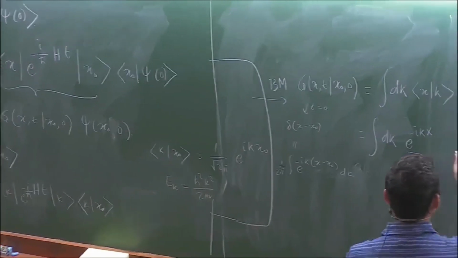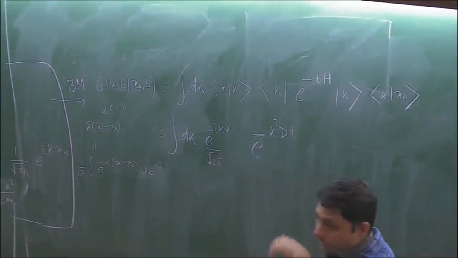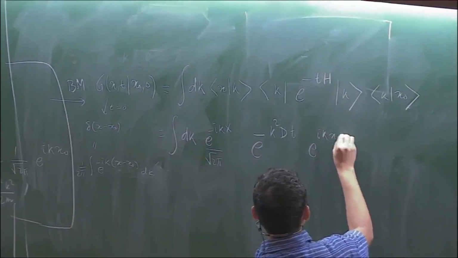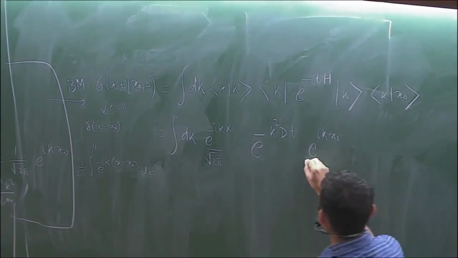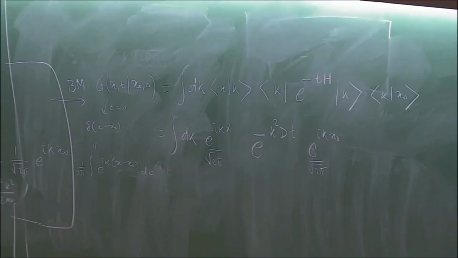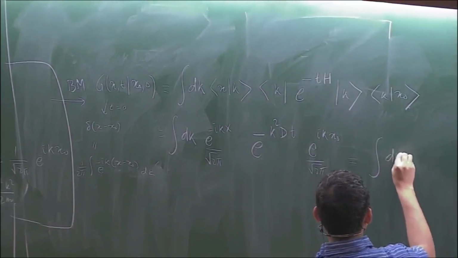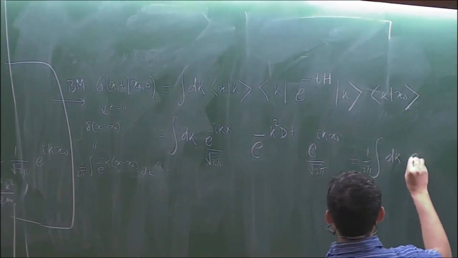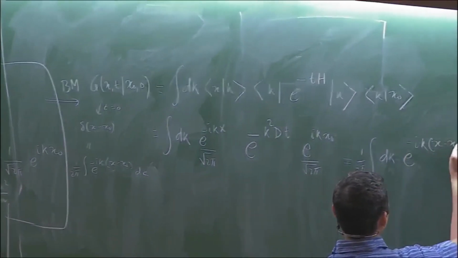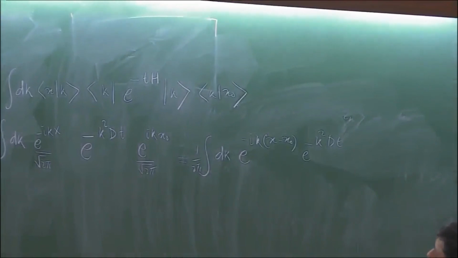So e to the power minus k square D t, right? Then e to the power i k x naught. So this is exactly your Fourier transform of this one, no? dk 1 over 2 pi e to the power i k, minus i k x minus x naught, e to the power minus k square D t. And you know the answer.